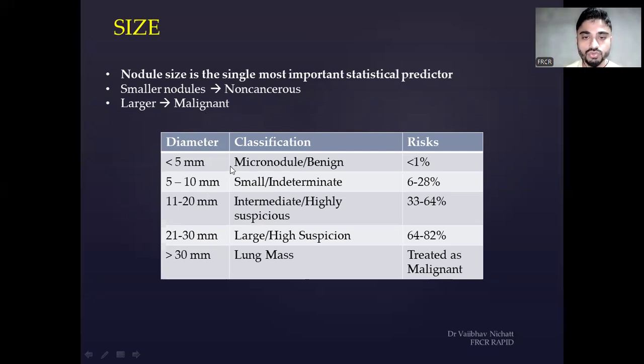You don't need to remember each and everything, but you just need to know that as the size increases, the risk of malignancy also increases. If you have 2 lung nodules, one less than 5 millimeter and another between 21 to 30 millimeter, then obviously the larger lung nodule will have a higher risk of malignancy, maybe up to 64 to 82%. And as we have discussed, a lung nodule more than 3 centimeter is referred to as a lung mass, and it is treated as malignant until proven otherwise.